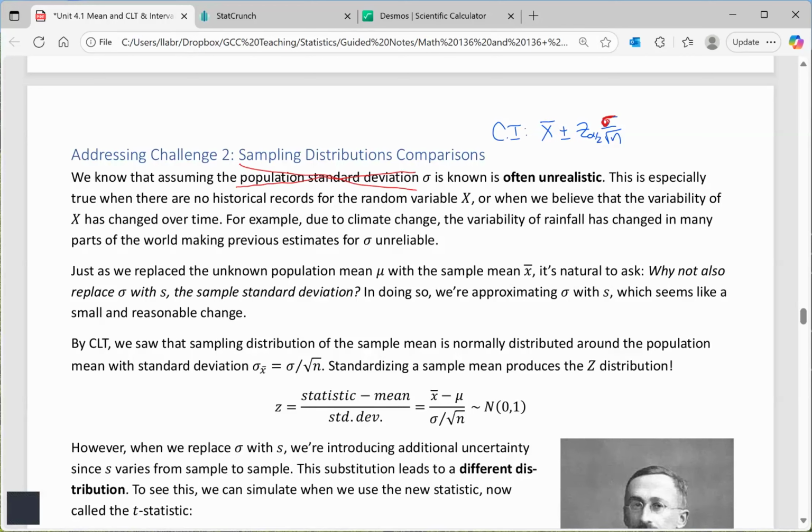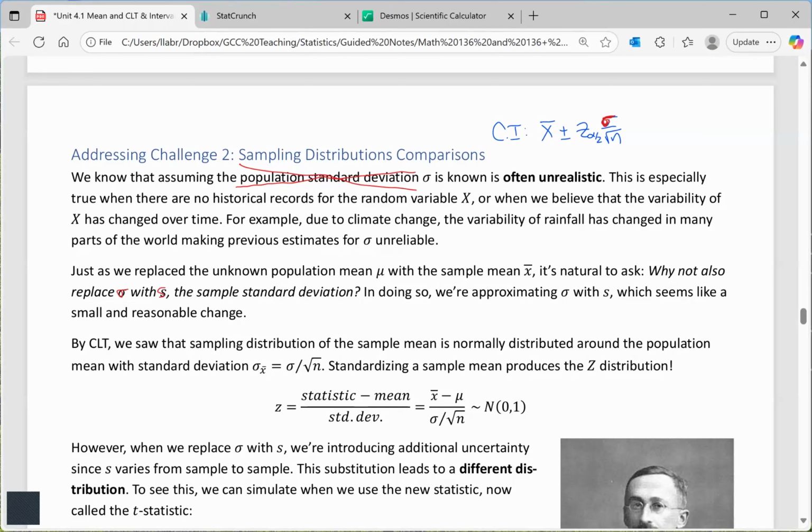So we're going to ask, how can I continue to make a confidence interval if I don't know the population standard deviation? Because a lot of the time, that's what we're going to be dealing with. It's very natural to say, well, if you don't know the population standard deviation, why not replace it with s, the sample standard deviation?